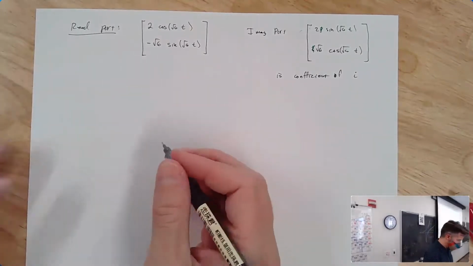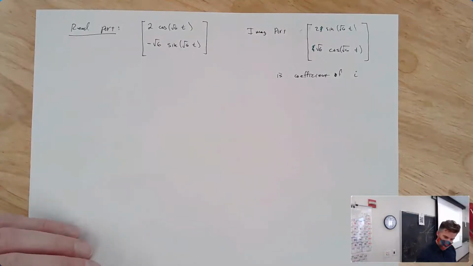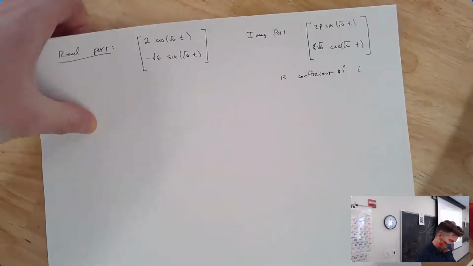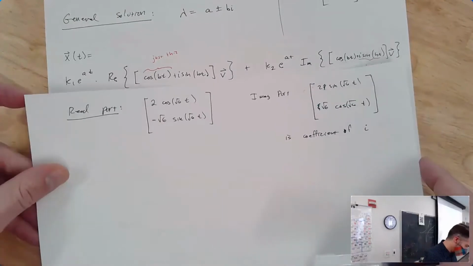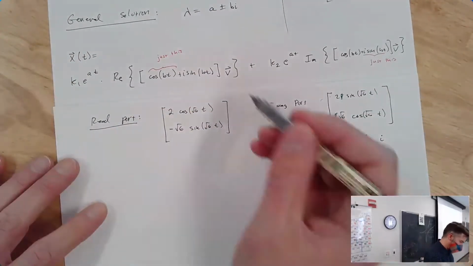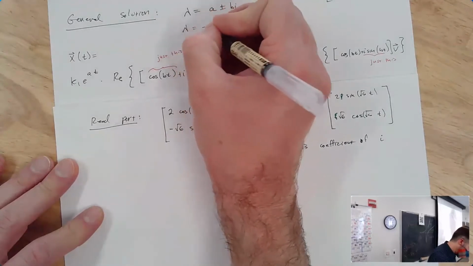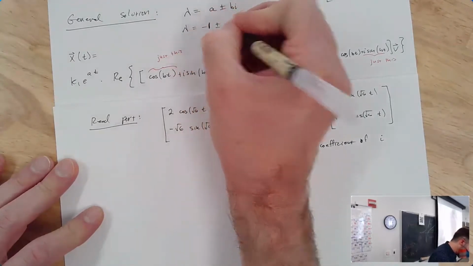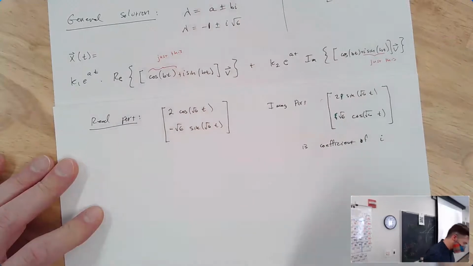So here's what our general solution is going to look like. Let me go back to this for a second. We're just trying to throw everything into this terrible looking formula. Our eigenvalues here, if you recall, are -1 plus or minus i root 6.